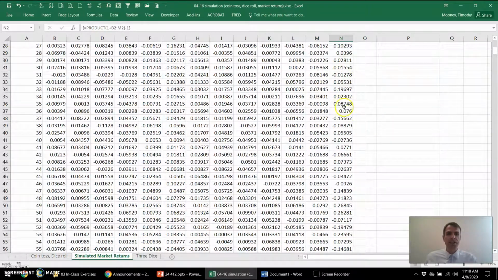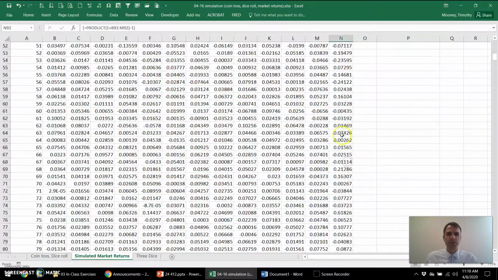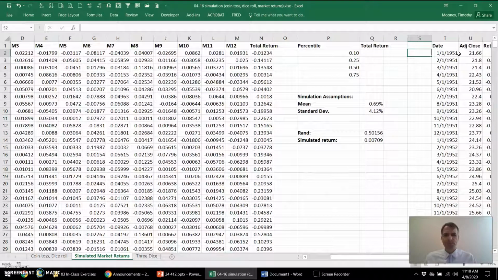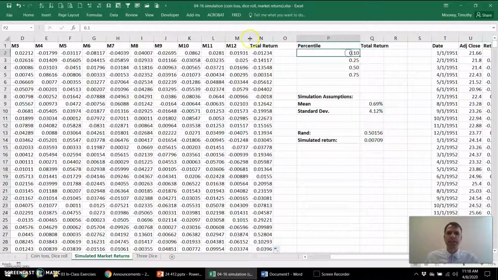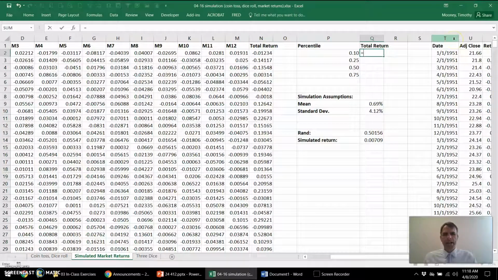I can see what the worst simulated 12-month return is based on my data and the best, and then the percentiles, right? So to figure out what percentile each of these, like what's the 10th percentile of this range of simulated outcomes? That's one of the benefits of simulation.